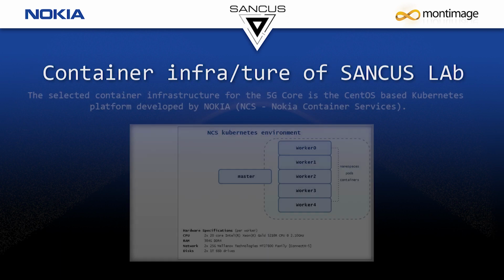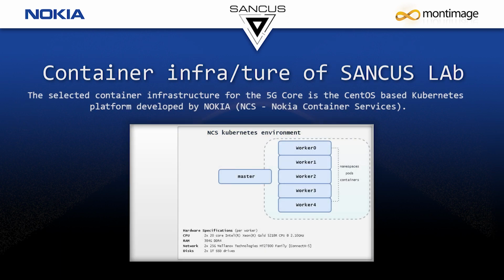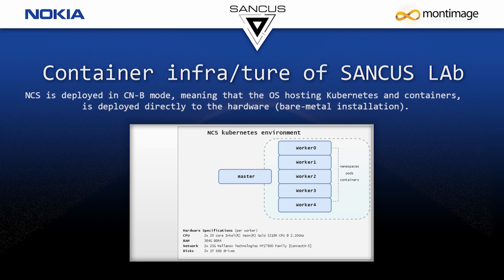Container infrastructure of the SANCUS lab. The selected container infrastructure for the 5G core is the CentOS-based Kubernetes platform developed by NOKIA called NCS. NCS is deployed in CNB mode, meaning that the OS hosting Kubernetes and containers is deployed directly to the hardware.